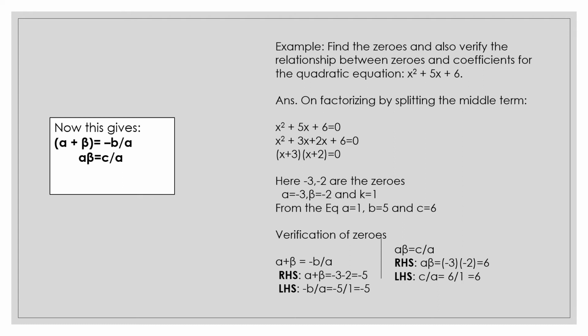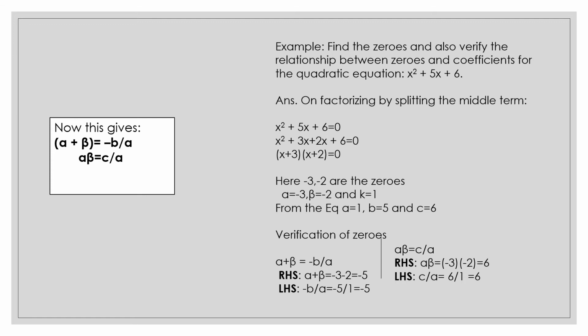So now we can see here minus 3 and minus 2 are our zeros, and alpha is minus 3 and beta is minus 2, and k equals 1, and 1 is a constant over here. It's not much of importance. And now we can see from the equation that the coefficient of x square is 1, that is a equals 1, and the coefficient of x is 5, that means b equals 5, and the constant is 6, c.